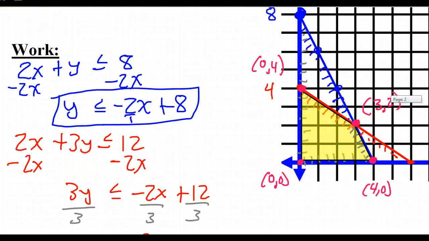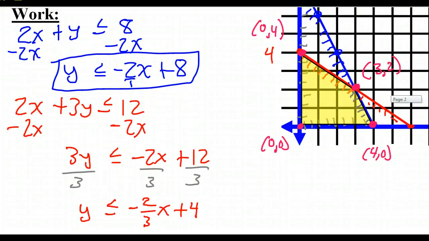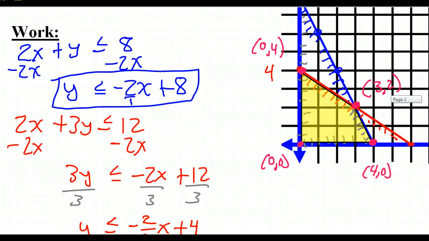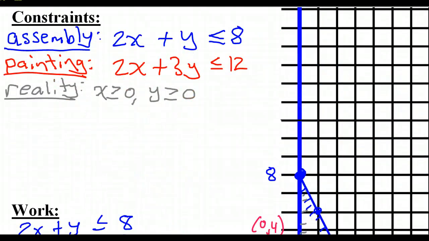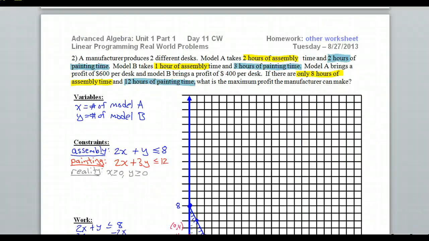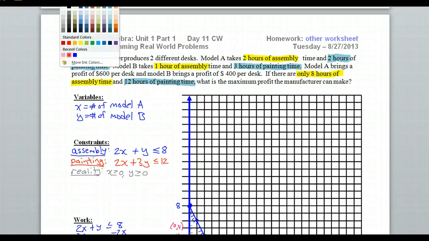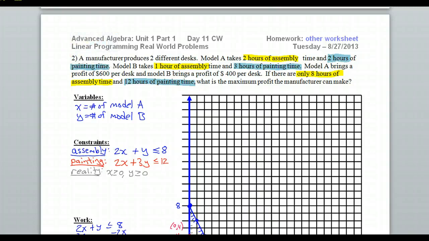So those vertices need to be put into our objective function. But we haven't created that yet, so we better go back and check it out. Our objective is profit, so we need a profit function. I'm going to do the profit in pink.